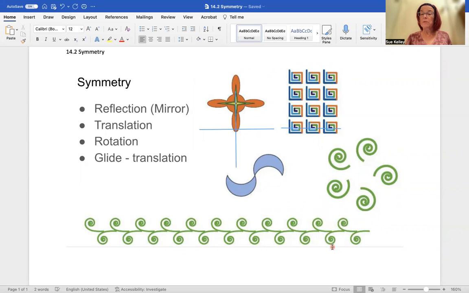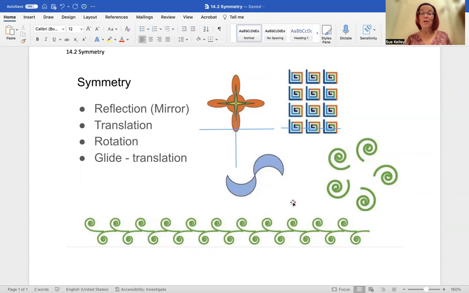Moved it up and reflected it, and so on. So we're adding multiple layers to our translations, our transformations, our movements of shapes in order to show symmetry.